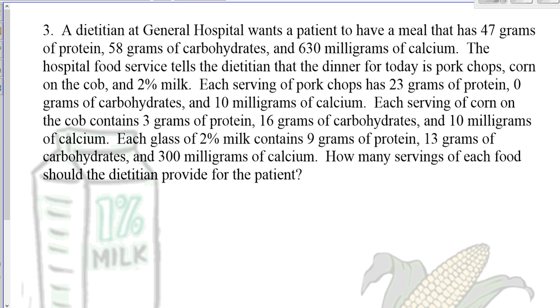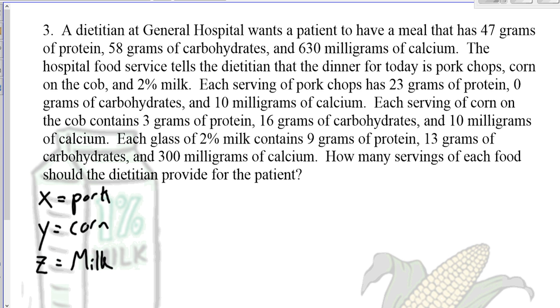So we should understand we have 3 variables. It's what we can control. So the first thing we can control is how many pork chops the patient is given. The second thing we can control is how much corn on the cob that patient can get. And our third thing is how many servings of milk that patient can receive. So now that I've delegated my variables, I want to try and decide on equations.